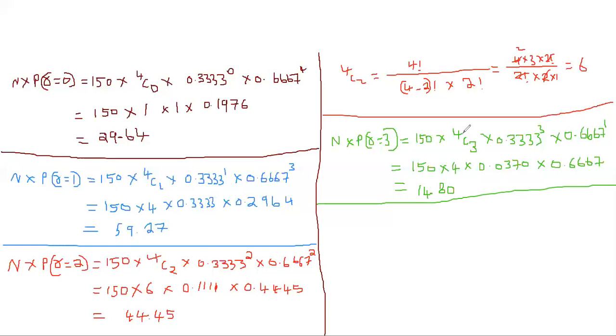Next, the last one, n into P of r is equal to 4.